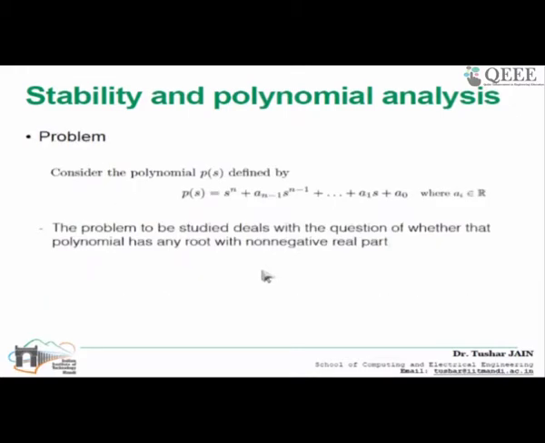So now the stability and problem analysis. I would restrict today at this part, because now we will be dealing explicitly with polynomial analysis. Once we study the feedback structures within LTI systems, we come up with a characteristic equation, which is nothing but a polynomial.